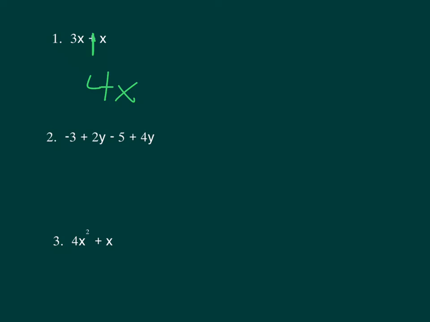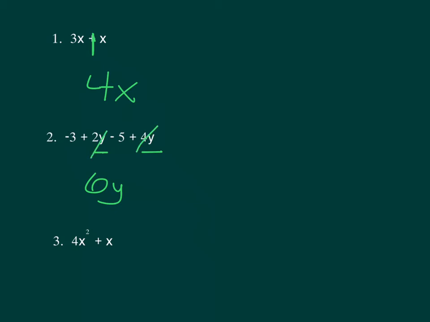The next example, we have 2 different types of terms here. Let's do the variables first. So we got 2y and 4y. Well, if you just add 2 and 4, we get 6y. We're just going to cross those off.